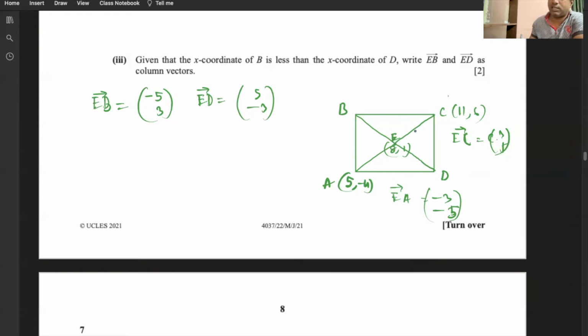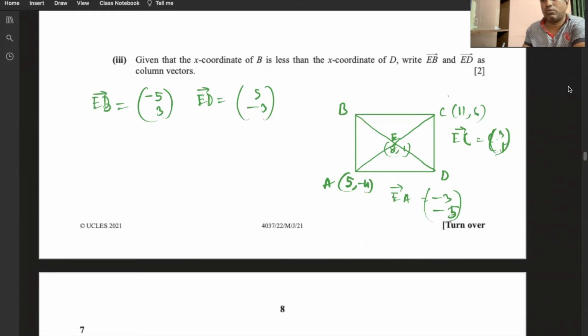EC and EB are perpendicular to each other, the same as ED is also perpendicular to EC. If you apply the concept, the product of the gradient of EC and the gradient of EB is negative 1, and the product of the gradient of EC and the gradient of ED is also minus 1.